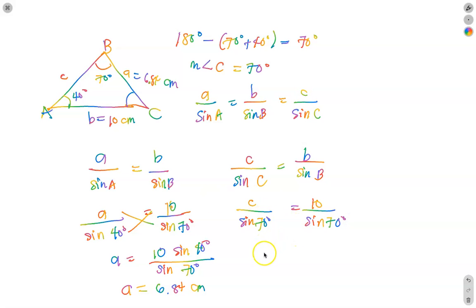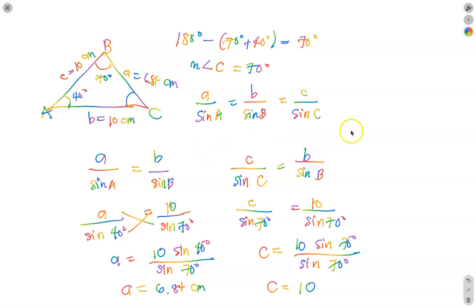The same process, we do cross multiplication. So we have c equals 10 sine 70 over sine 70 degrees. Using your calculator, our c is 10. So we have now 10 centimeters.